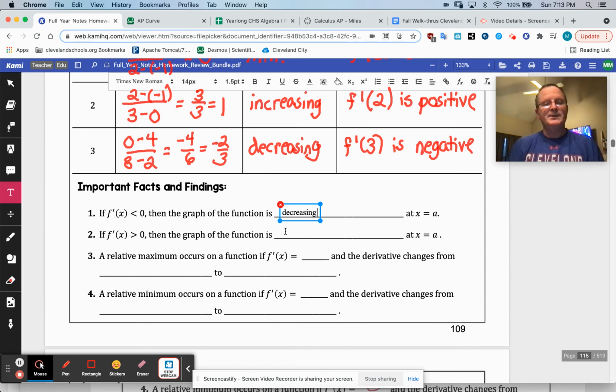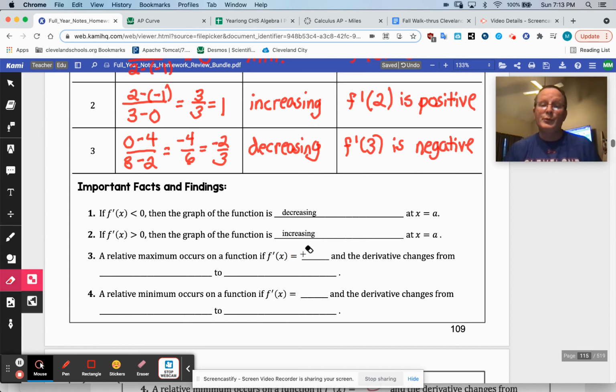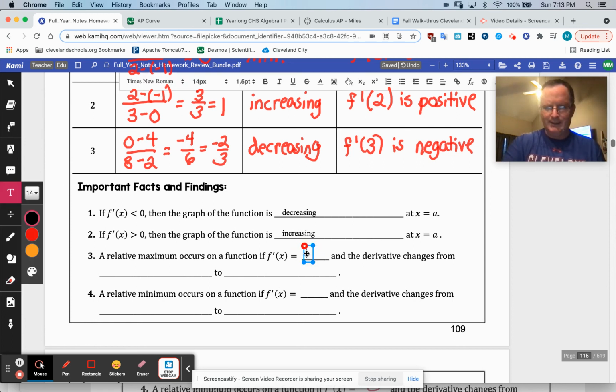If it's greater than 0, then the graph of the function is increasing. A relative maximum occurs on the function if f prime of x is equal to 0, and the derivative changes sign. Okay, now think about this.